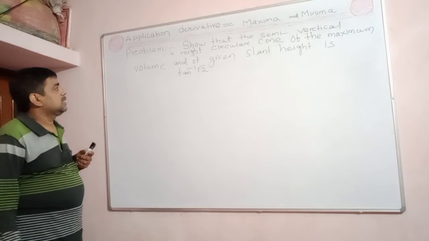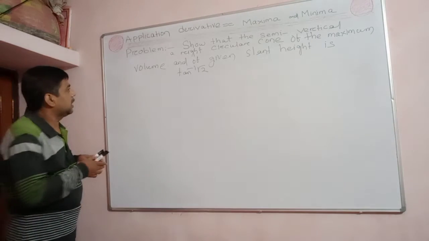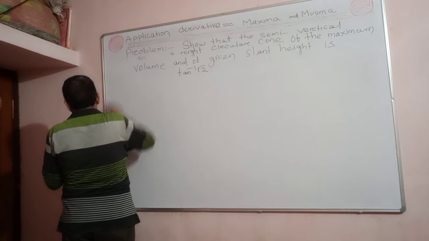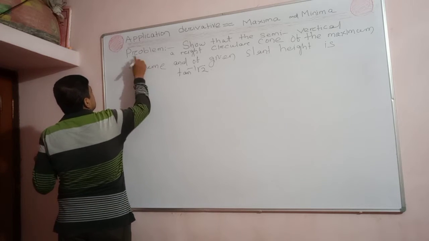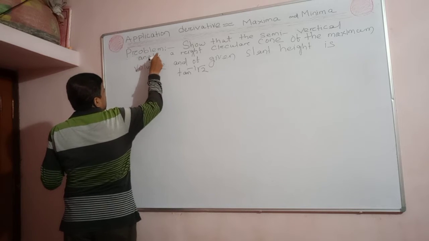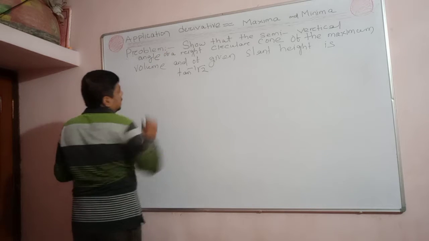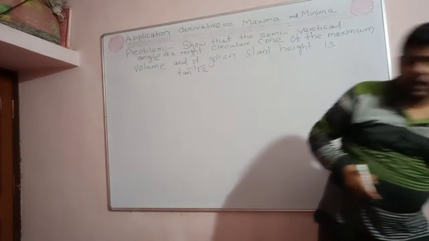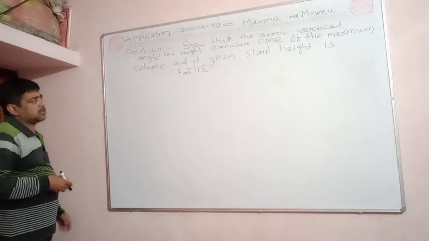Prove that the semi-vertical angle of a right circular cone of the maximum volume and of a given slanting height is tan inverse of root 2.